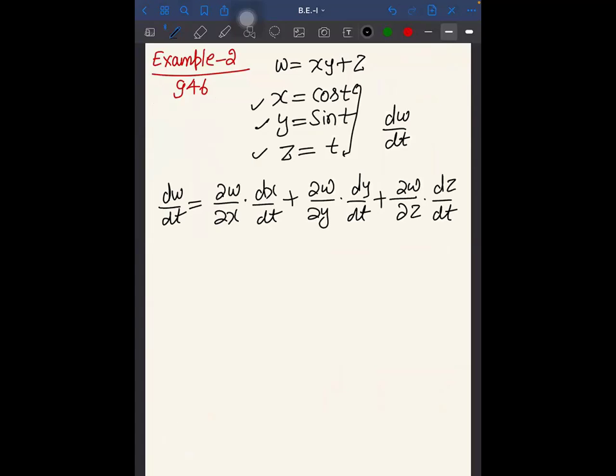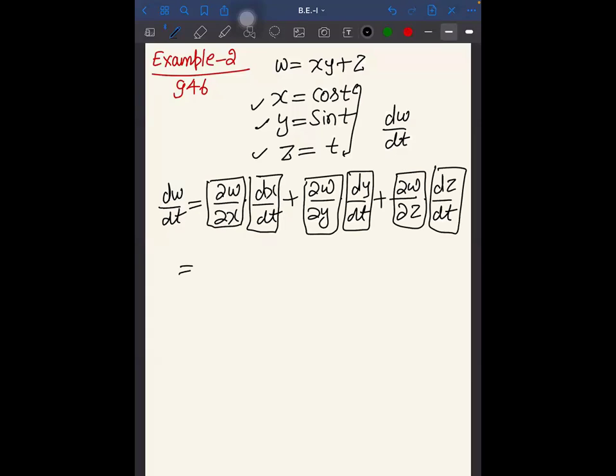Yes, sir. So let's calculate these chunks present in the equation, and finally we'll be able to find dw by dt.